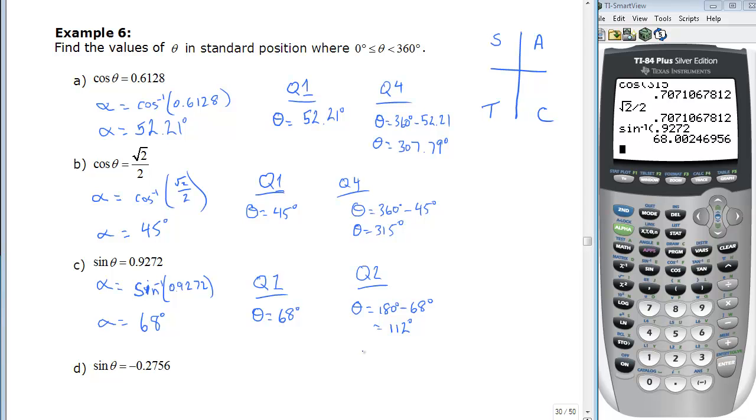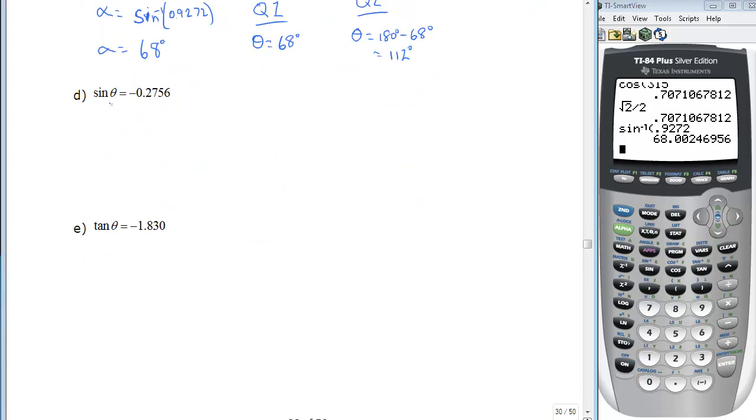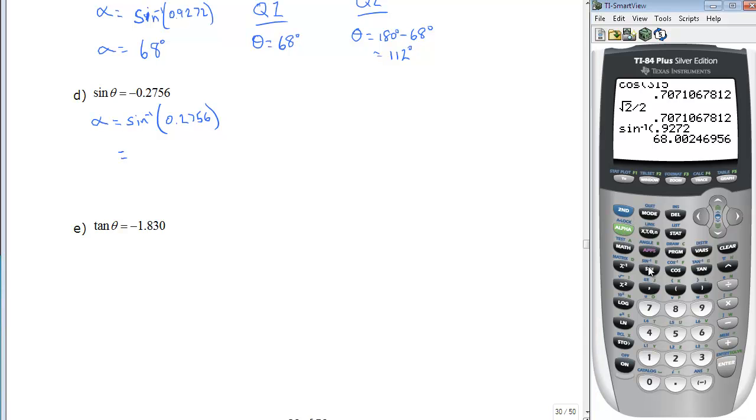So there's our two angles, 68 and 112. So we'll finish the last two then. In D, we're going to first find the reference angle, but remember, we want to force the calculator to tell us the quadrant 1 angle, and to do that, we're just going to ignore the negative. The negative is not going to change our answer, it just changes our quadrant. So 0.2756.